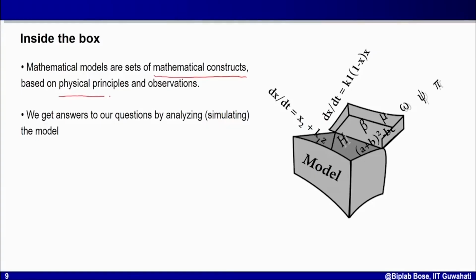And these equations or relations are based on certain physical principles that we believe are playing behind the phenomena that I am studying, and based on my observations which are coming from the experiments. So based on your observation and the physical processes, the physical laws that we know for nature, we build certain mathematical equations and relationships. That is our mathematical model.